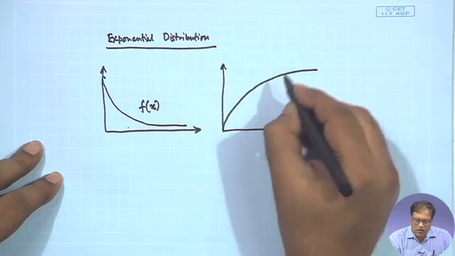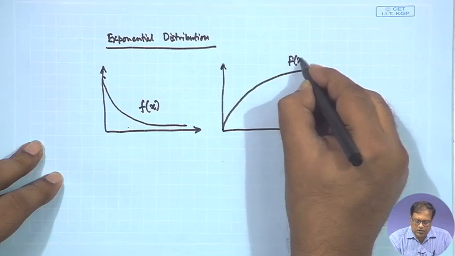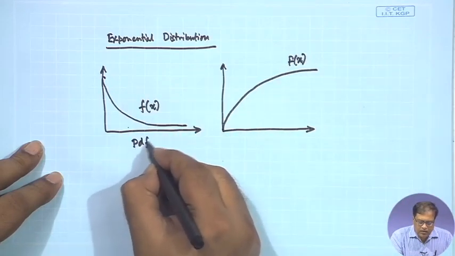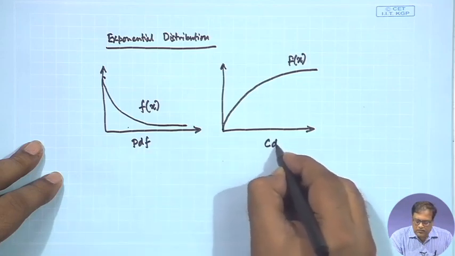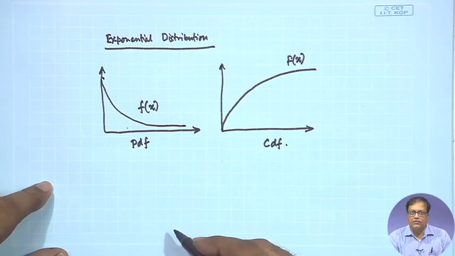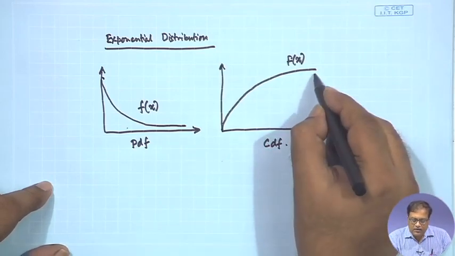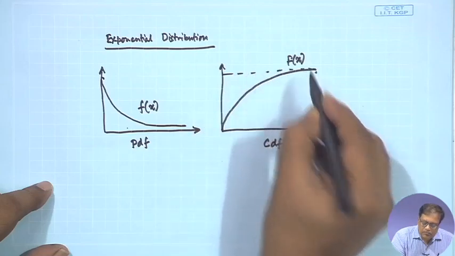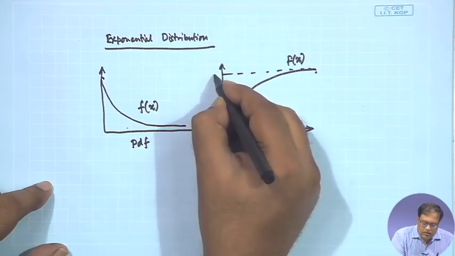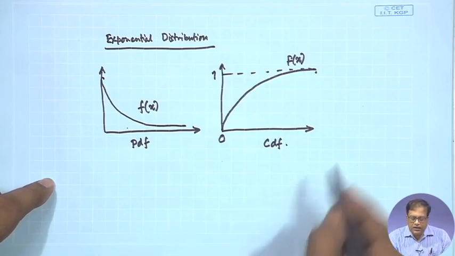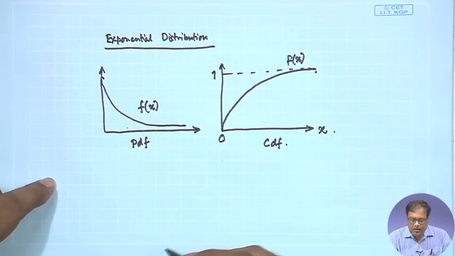Then that will be the cumulative distribution function. So, this is the PDF and this is the CDF. Now, fortunately for us, this is 0 and this is 1. So, if you really look at the CDF, and this side is x.